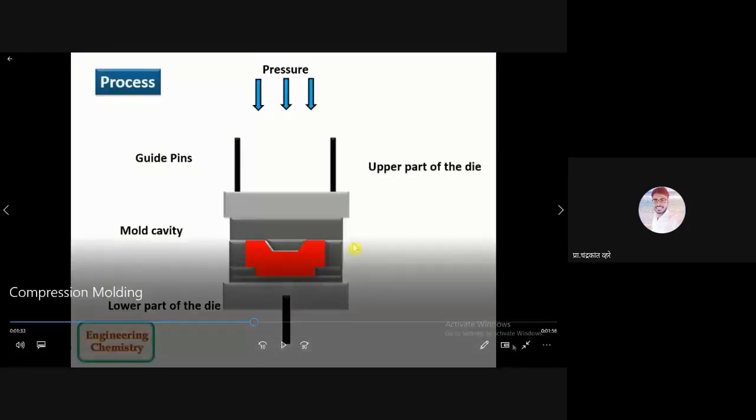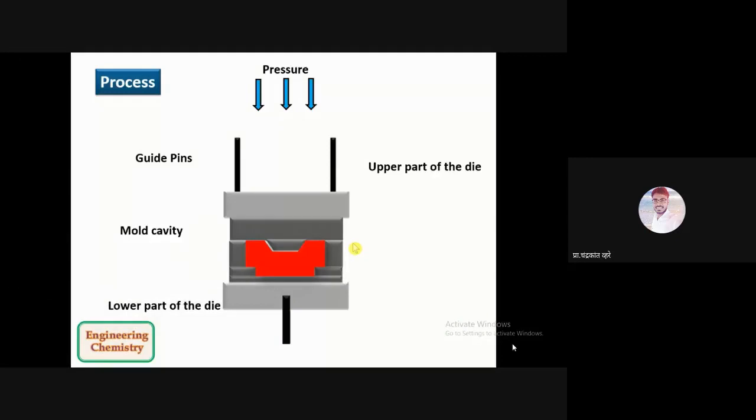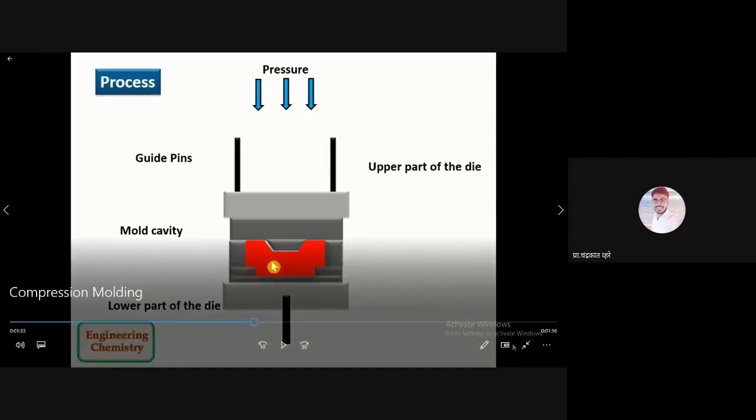This is the setup, or we can say the process, of compression molding. Initially we place the solid material, or loose powder, here.